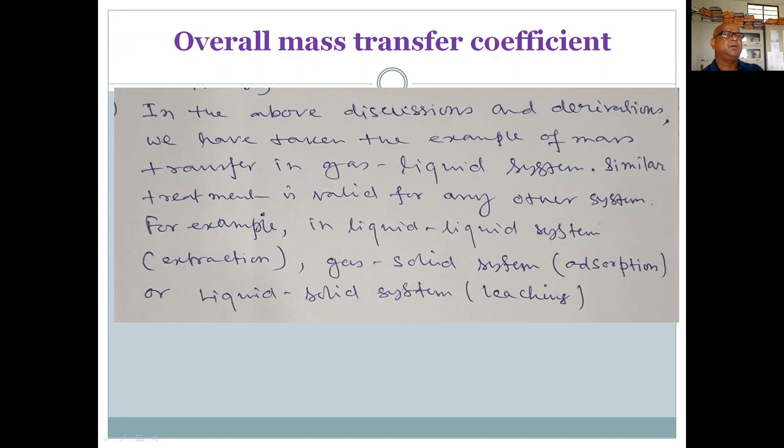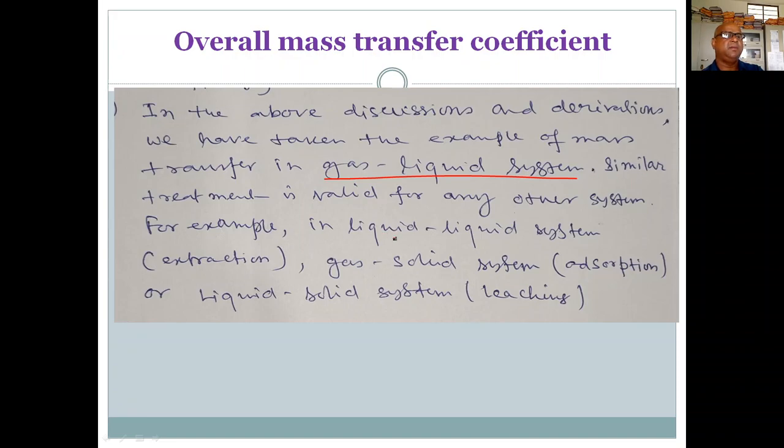Whatever discussion and derivations we have done so far were in the example of mass transfer in a gas-liquid system. Although we have discussed this for the gas-liquid system, if you consider any two phases, the same theories will be applicable.